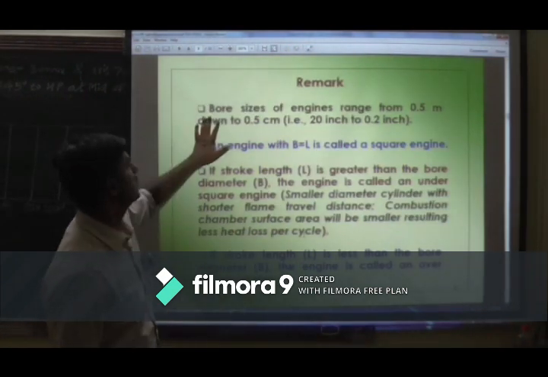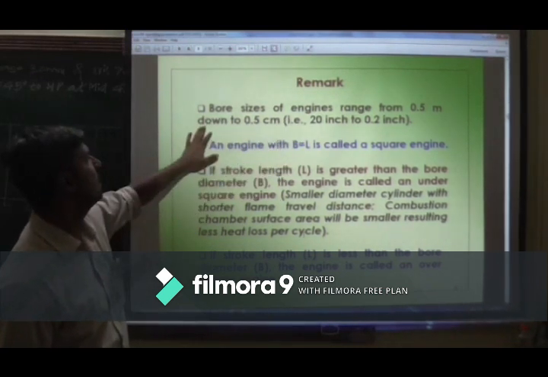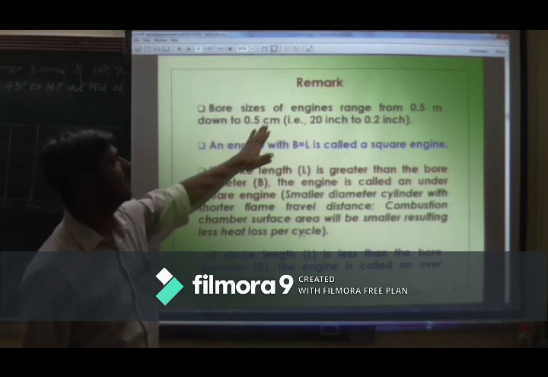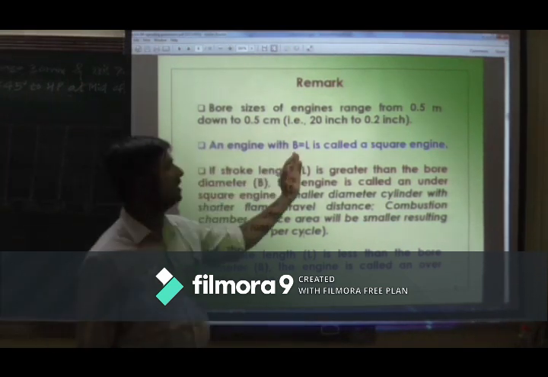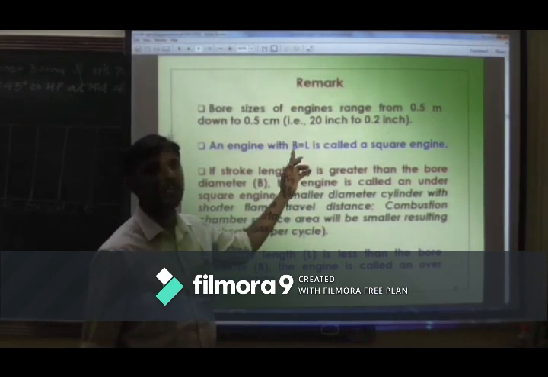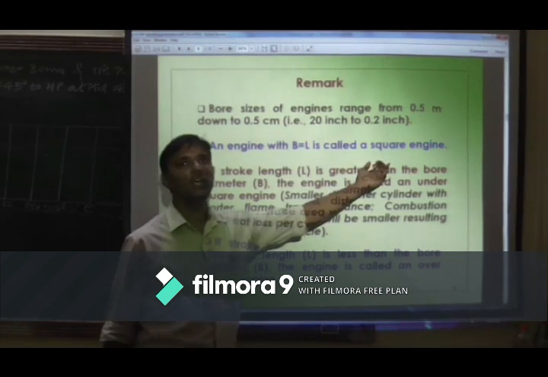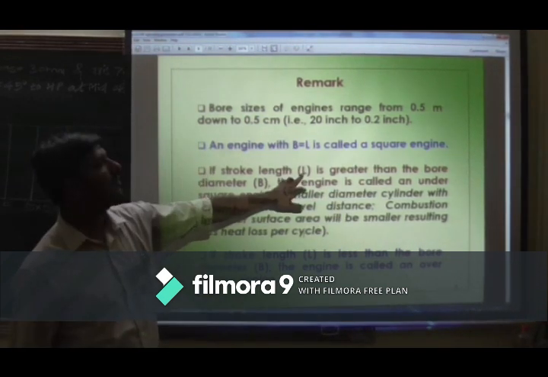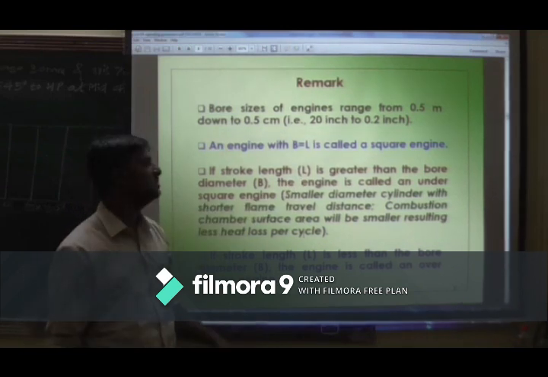Okay, so here some facts are given. Bore sizes of engine range from 0.5 up to 0.5 centimeter. So you have to remember this. An engine with D equal to L, we are using capital D for bore, so D is equal to L, that type of engine is square engine. When L is greater than D, that type of engine is under square engine.